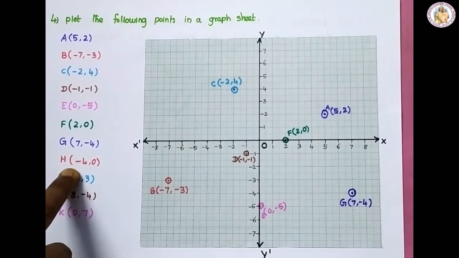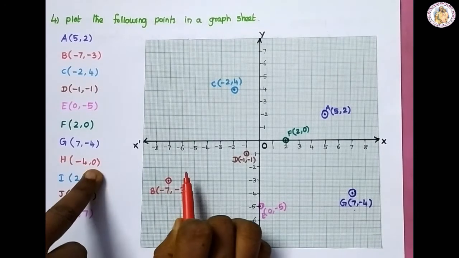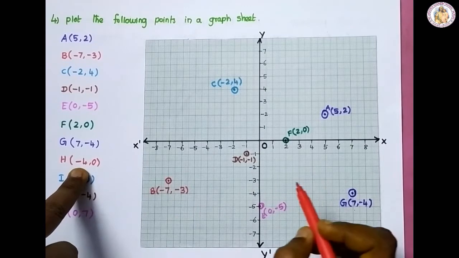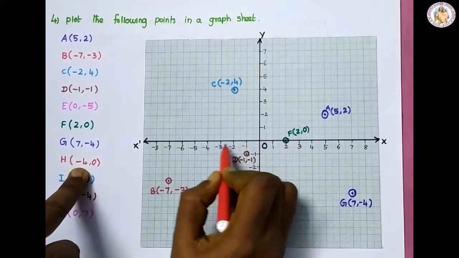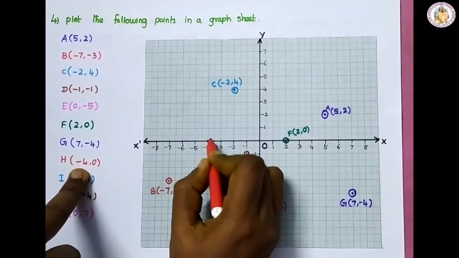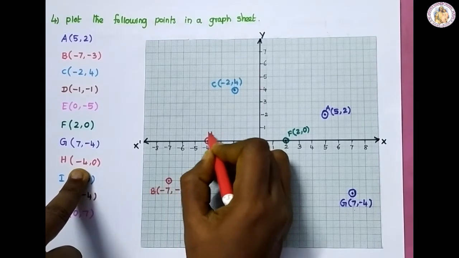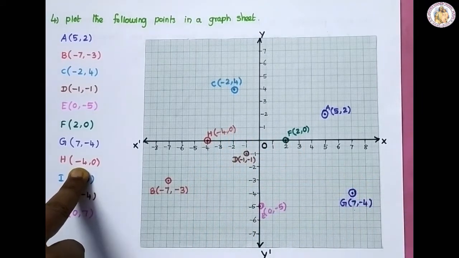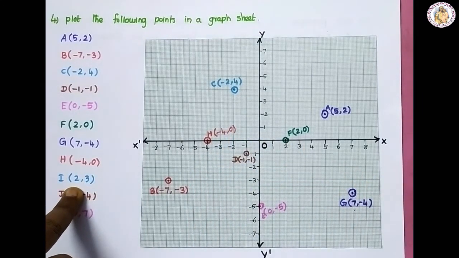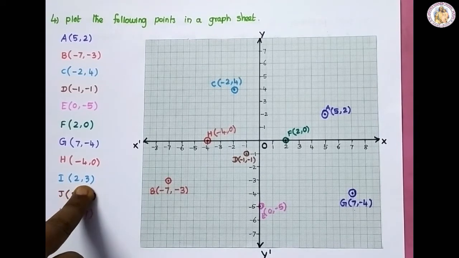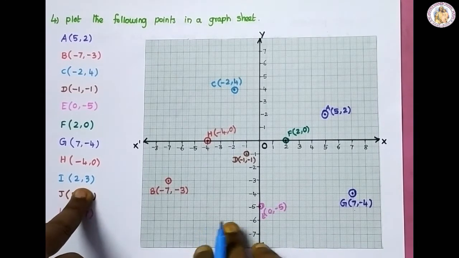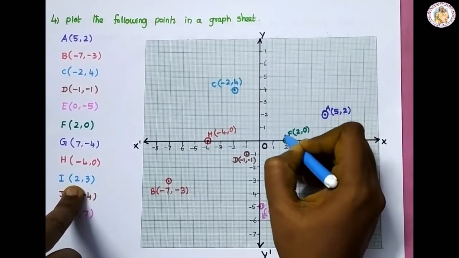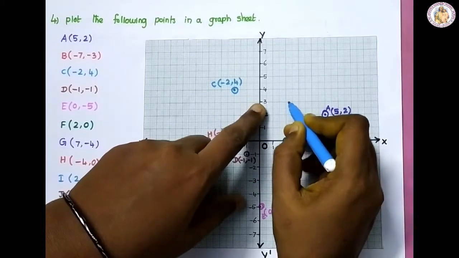And then H, minus 4 comma 0. Here y-axis is 0, that lies on the x-axis. So minus 4 means this side. H, minus 4 comma 0. And then I, 2 comma 3. Both are positive sign. It is in the first quadrant. So 2, here 3.